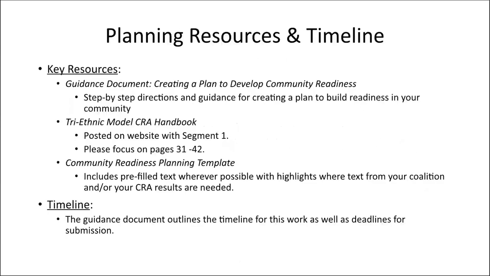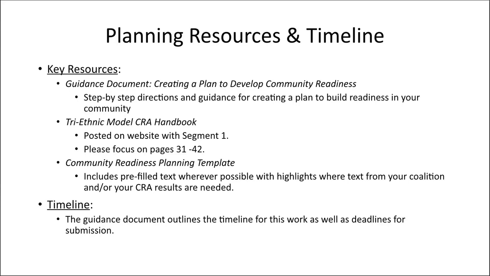Let's talk next about creating a plan to build community readiness. You have a number of key resources to guide you in this process. There's a guidance document called Creating a Plan to Develop Community Readiness. This really is going to provide you with step-by-step direction and guidance for creating that plan.